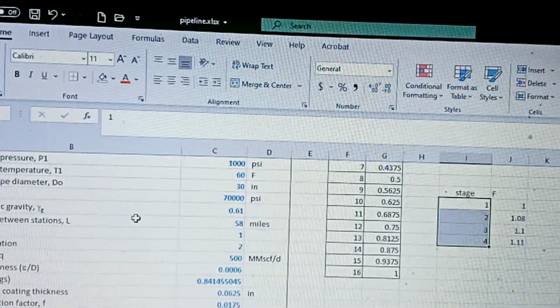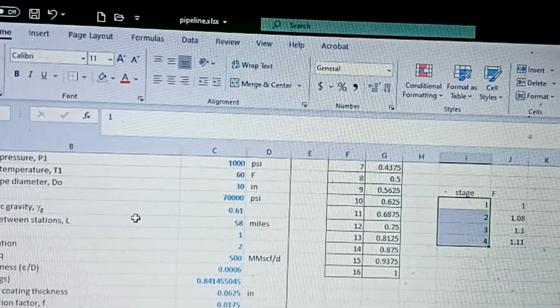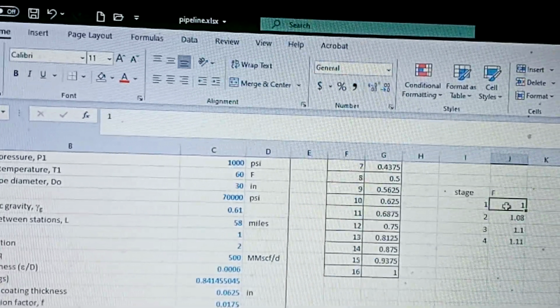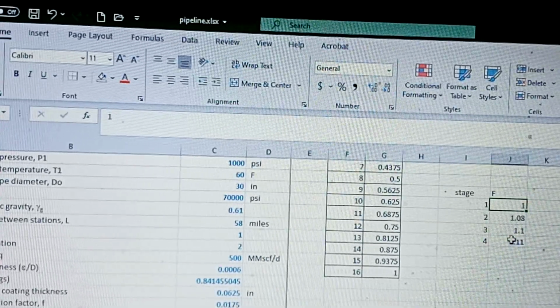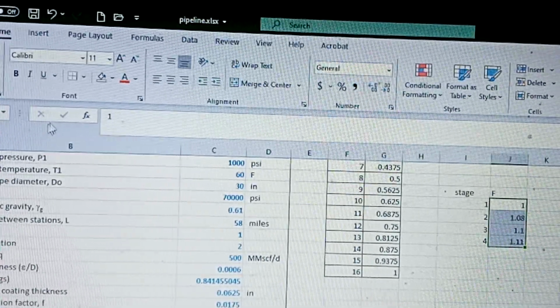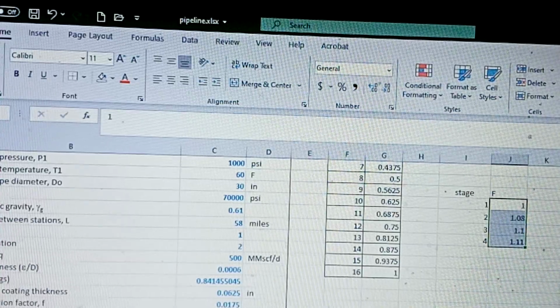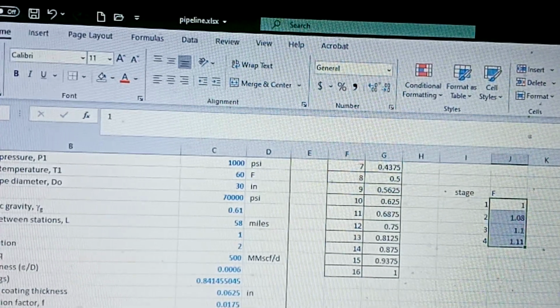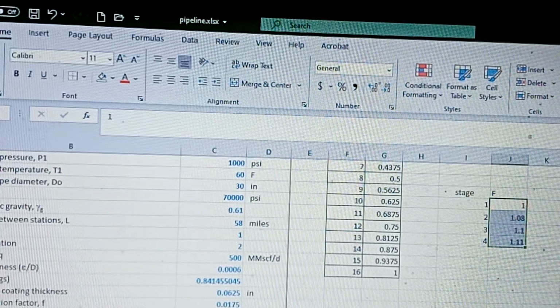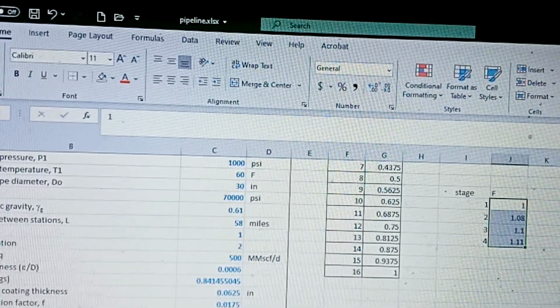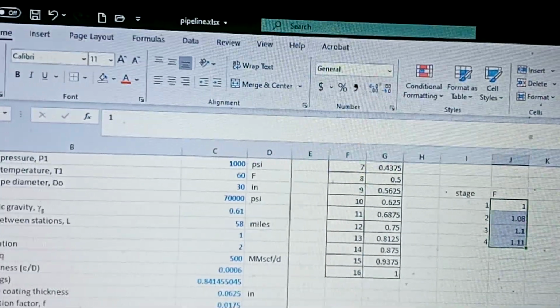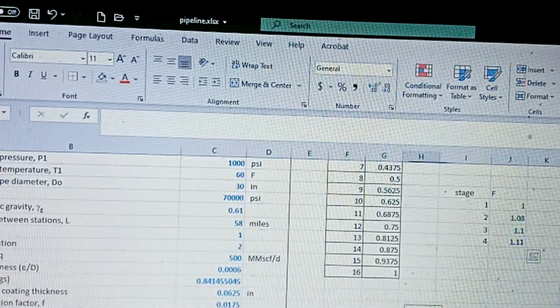I'm calling it stage. Then you enter. Then this number, from here to here, that's the factor, I'm going to call it BHP factor. I enter. Okay. So now let's use the lookup.